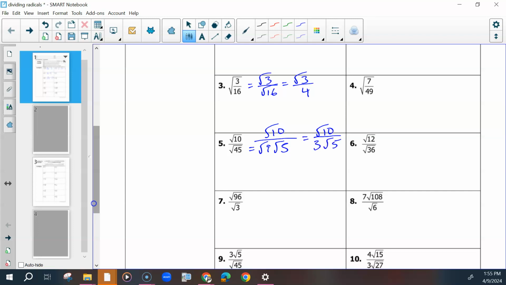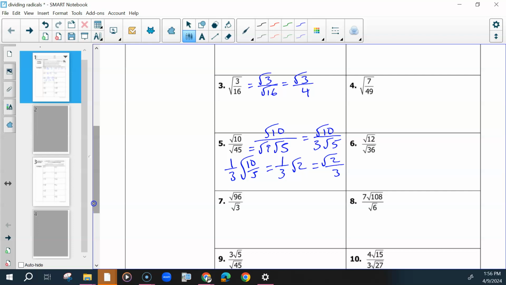And then I have that situation where, since both are underneath radicals, I could divide 10 over 5. This would kind of be like this. And then I get 2. And then I would just rewrite that again. So my final answer would be the square root of 2 over 3.